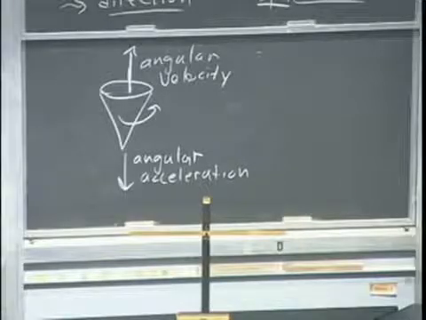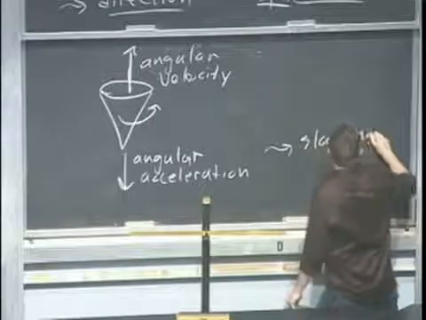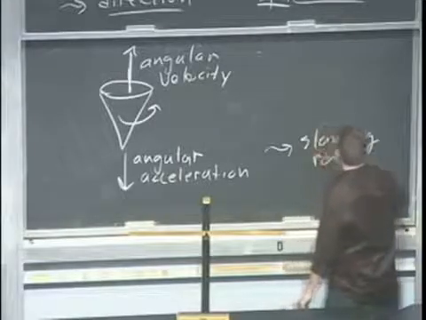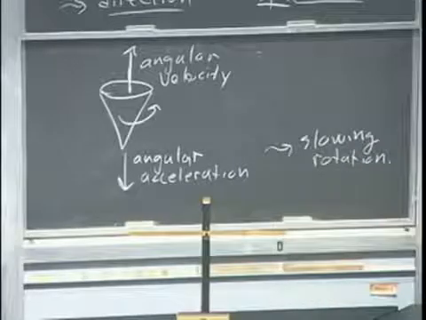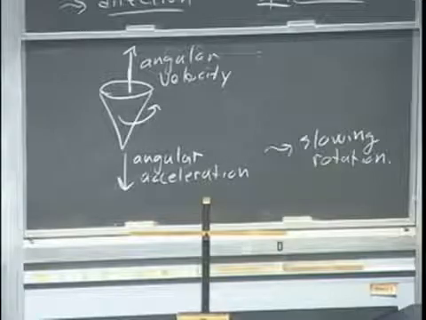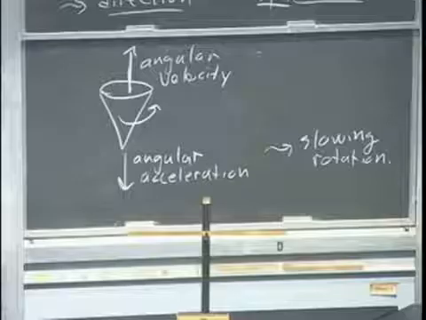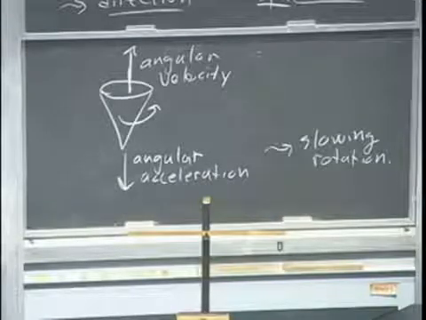So it was slowing the rotation. Likewise, when I was using the spinner to spin it up, I was also imparting angular acceleration, but it was in the same direction as the angular velocity because it was speeding up the spin.